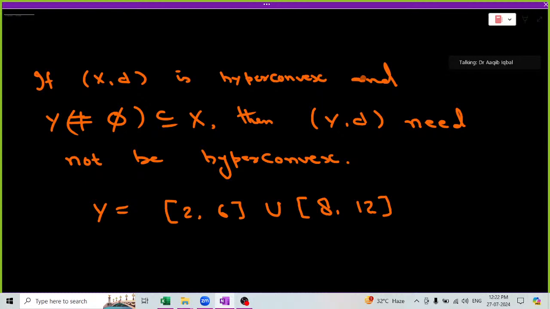If you take Y as this, then Y with the usual metric is not hyperconvex.